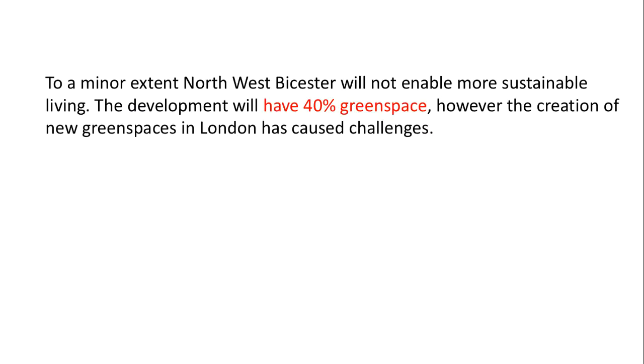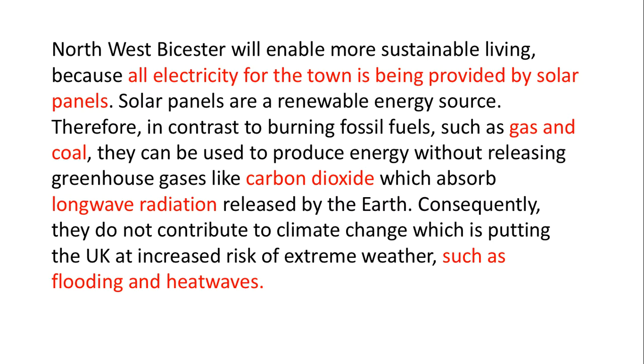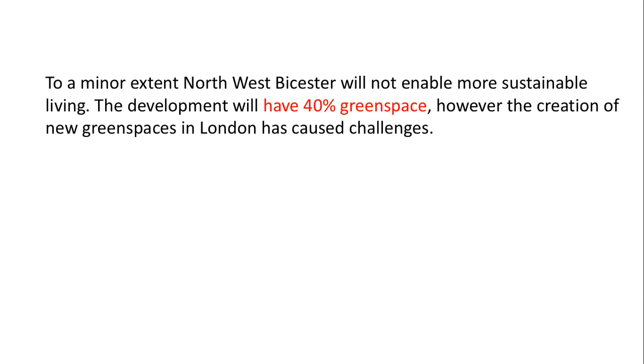Right, when you write your answer, you are going to talk about why it's not sustainable because the housing is not affordable. In my model, I'm taking another point. I've said that it's not sustainable because of the problems that creating new green space causes. So, I've started off with my argument.